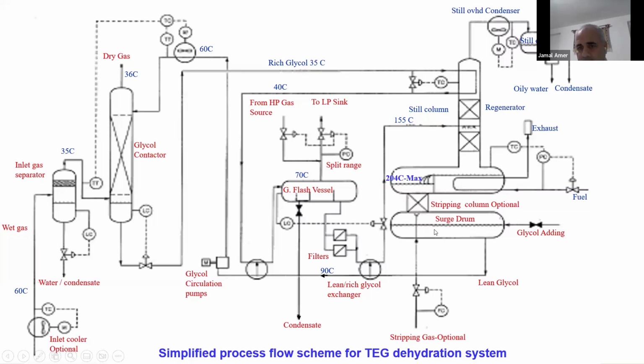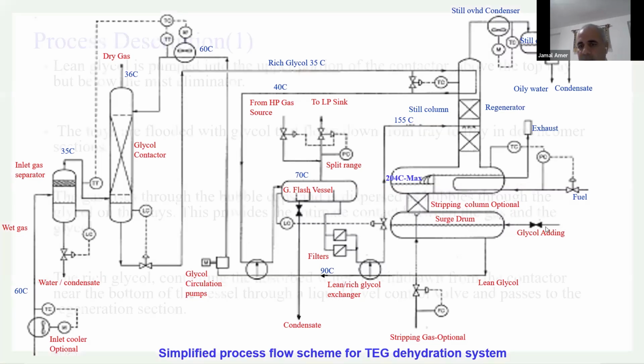So here, as we said, this is the surge drum. Sometimes, to improve the purity of the glycol, we add stripping gas in the stripping column or in the reboiler. So the stripping gas will catch any very fine water droplets here also.